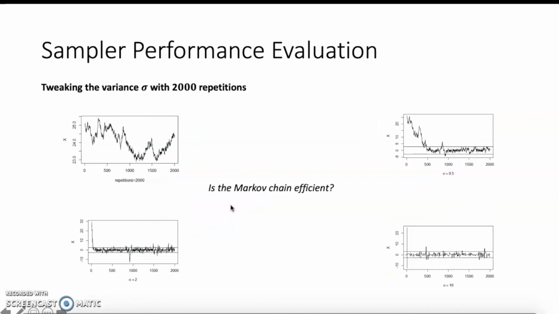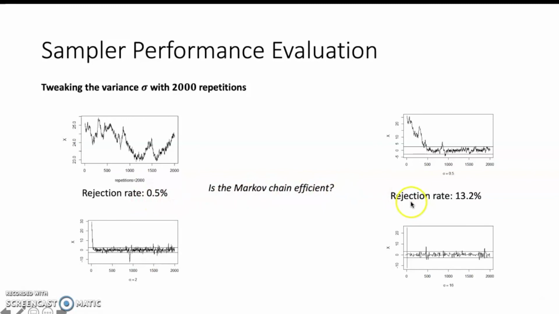Right now, we're going to figure out whether the Markov chain is efficient. Here we use a rejection rate, which is the number of rejections in the algorithm divided by the iteration number. For the first one, 2,000 iterations, we divide our rejection number by 2,000 and get a rejection rate of 0.5%.